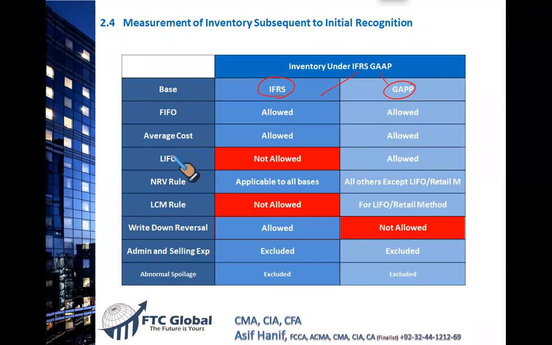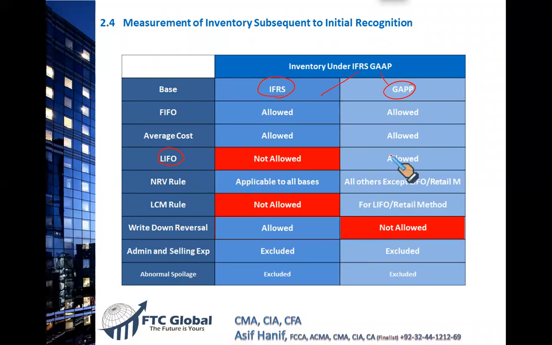Now, this is the problem. LIFO, last in, first out. This method of inventory valuation is permitted in the US and China under the US GAAP, that's what we are most interested in. But the LIFO method is not permitted under IFRS. So make no mistake, LIFO is permissible only under the US GAAP.